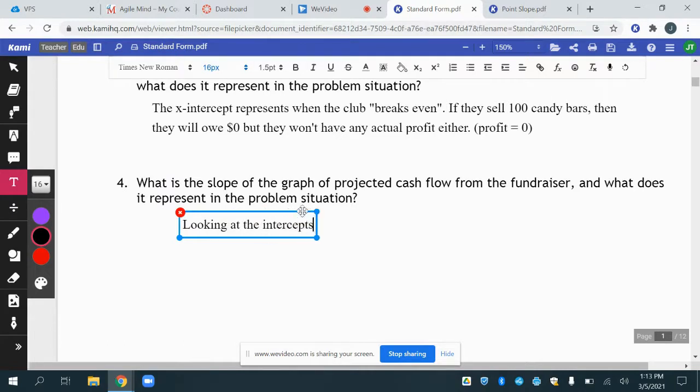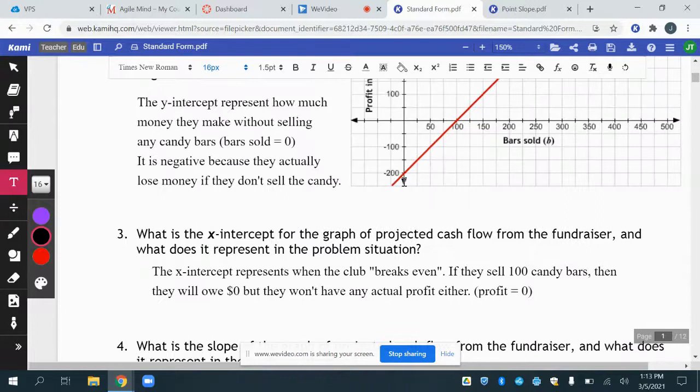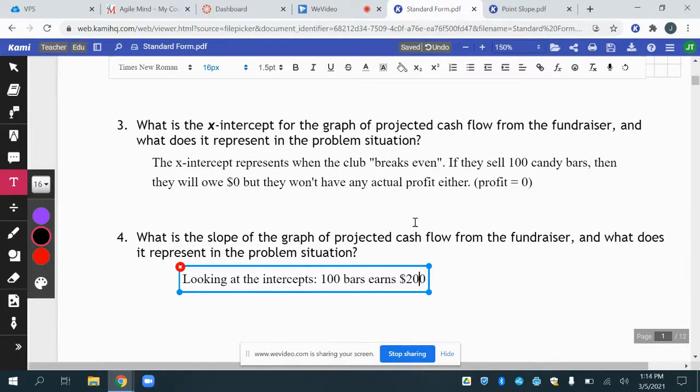So looking at the intercepts, 100 bars earns $200. Right? So we've got $200, 100 bars. Remember, this is y and x. So the 100 bars, x axis, $200, that's the y axis.